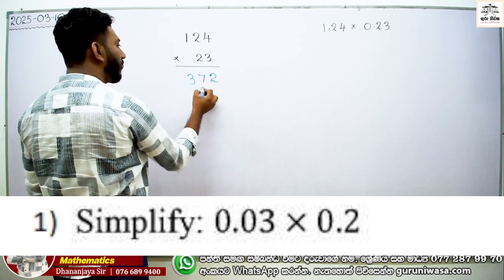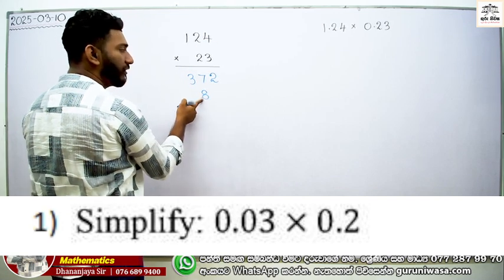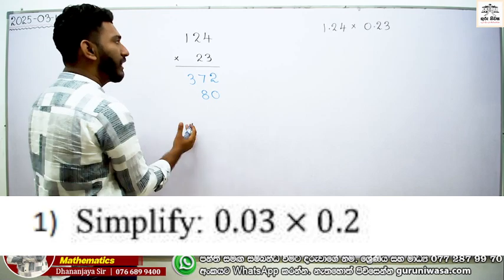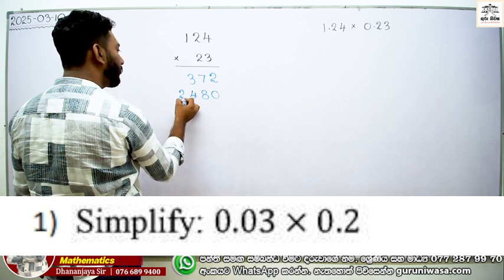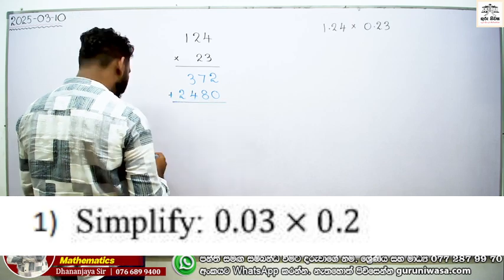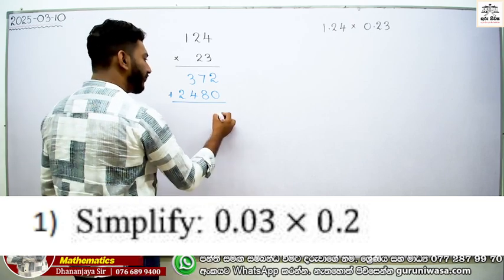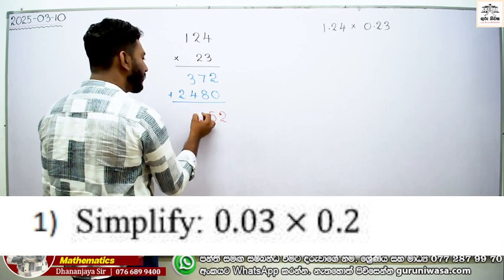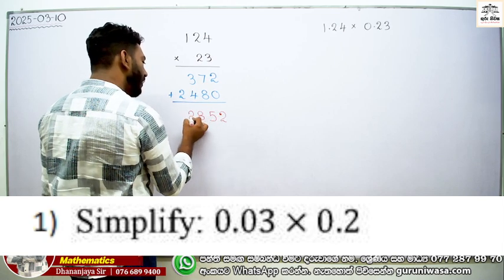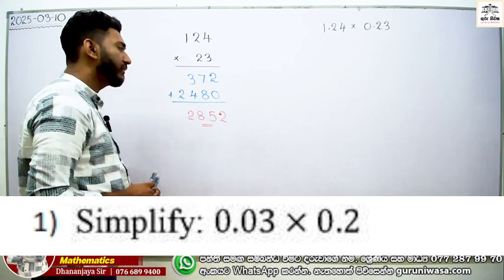Again, 2 times 4 is 8, and we have to put the 8 here with a 0. And 2 times 2 is 4, and 2 times 1 becomes 2. Now we have to add these numbers together. The answer is 2, 7, 8, 15, 1 remainder, and 8, and 2. And this is the answer, 2852.